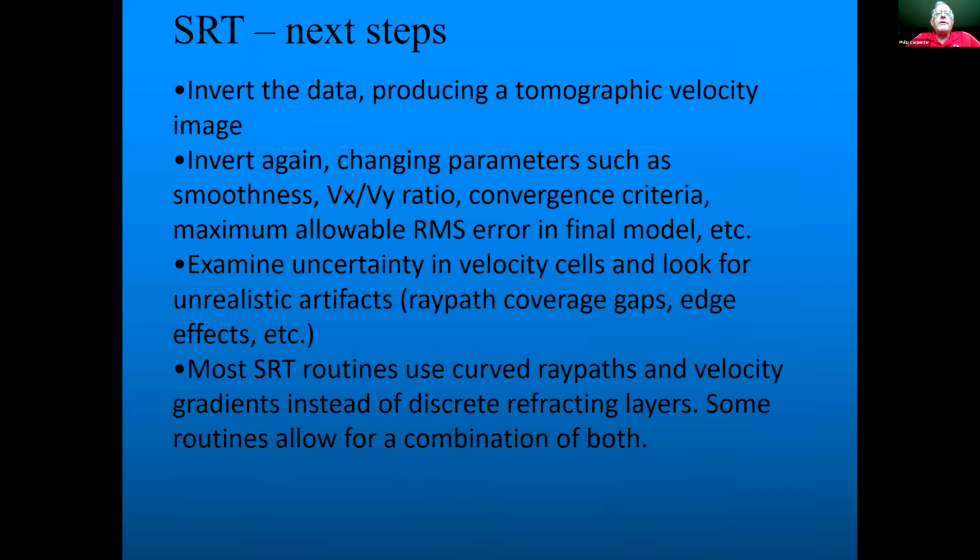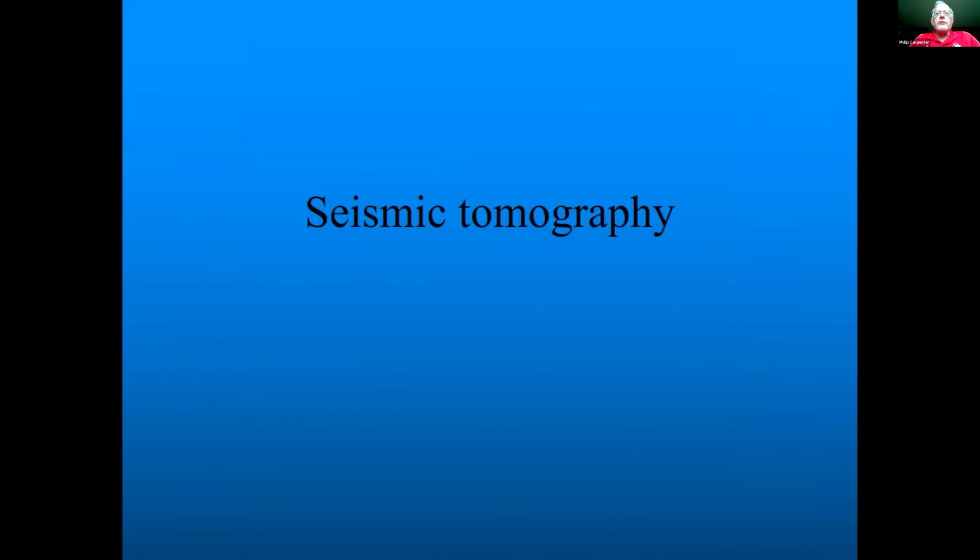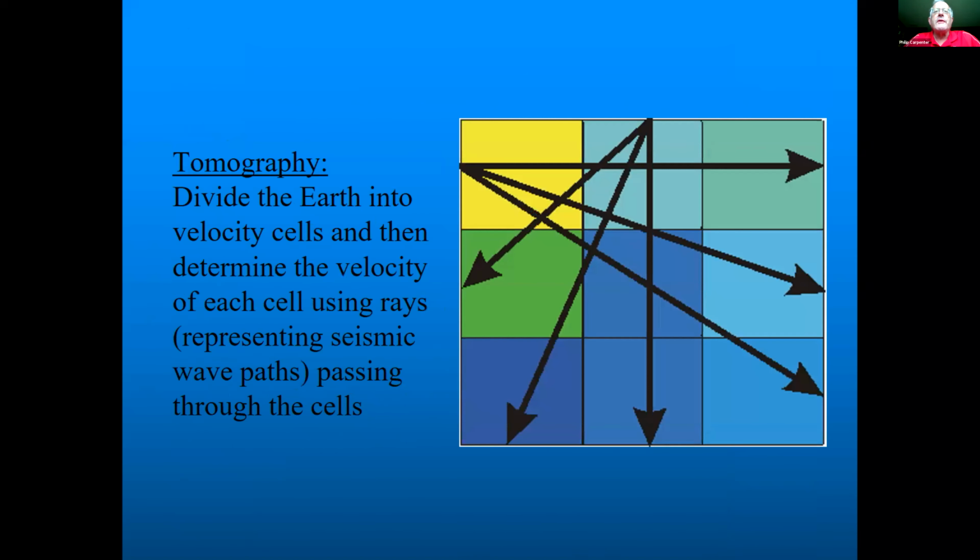We inverted the data, basically breaking up the interior into these little cells, and we determined the velocity of those cells, which can tell us what kind of materials we have.